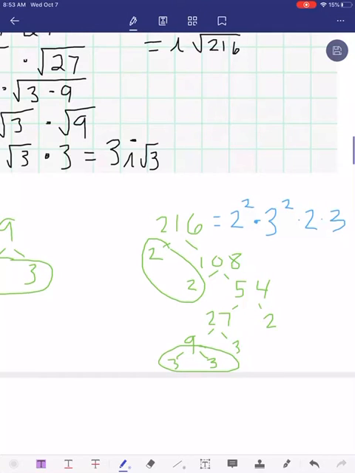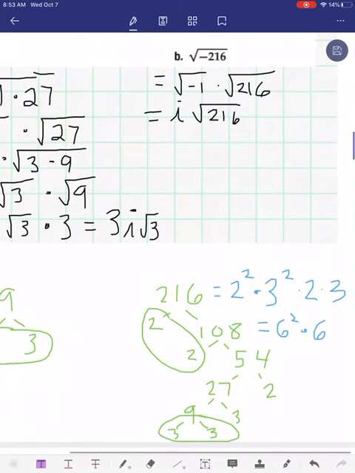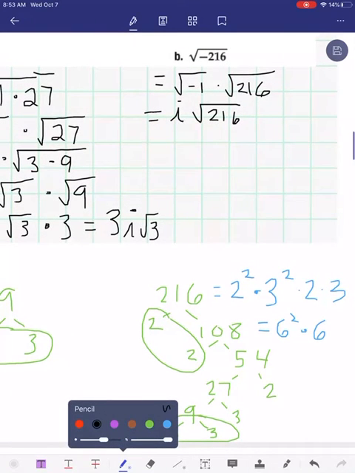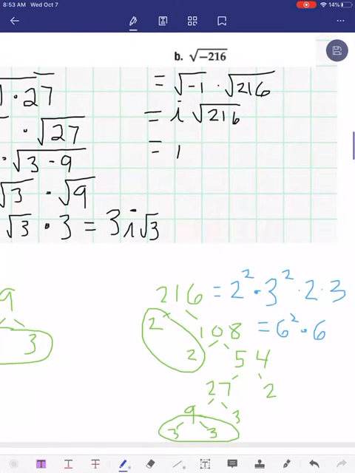Well, another way of writing 2 squared times 3 squared would just be to say, well, I want to write my squared on the outside, and then 2 times 3 is going to be 6. So we could rewrite that as 6 squared, and then again, our leftover is going to be 6 as well. And the reason we want to do that, remember, is because when we write it inside, we want to break it apart into perfect squares.